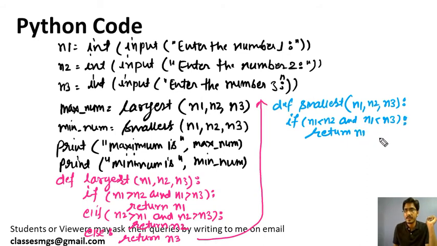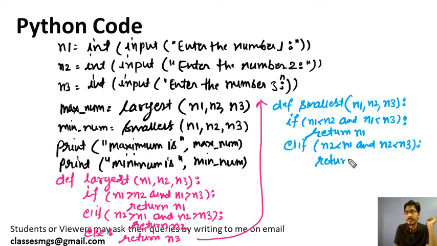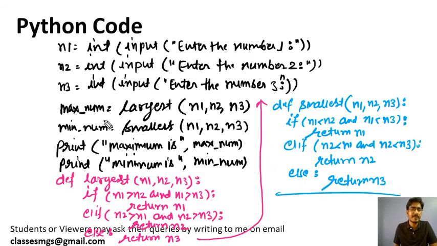Don't forget colon, I generally forget. If n2 is less than n1 and n2 is less than n3, then we will return n2 as minimum. Okay, and otherwise we will directly return n3, because as I have already explained, if these two cases are not true, then this will be the case.